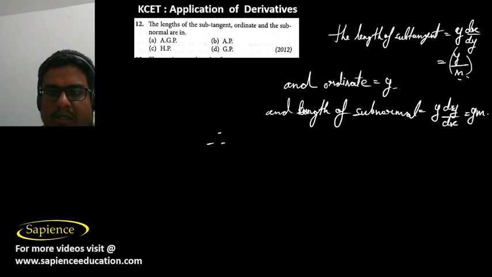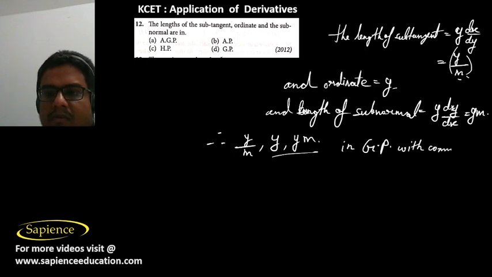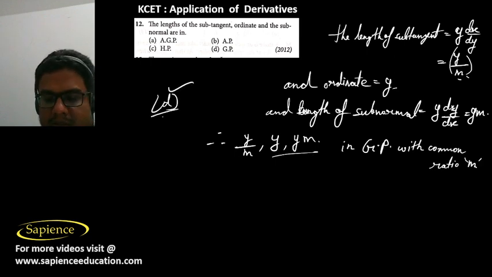Therefore, the subtangent is y by m, the ordinate is y, and the subnormal is ym. They are in GP with ratio m. Option D.